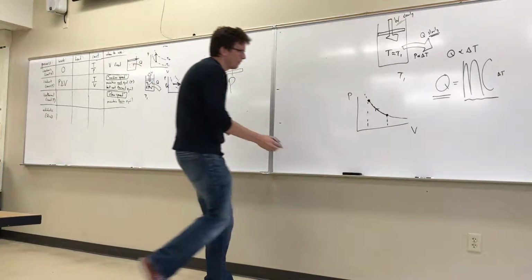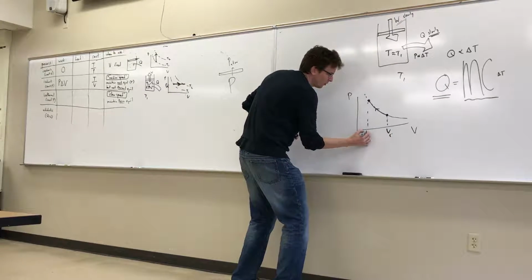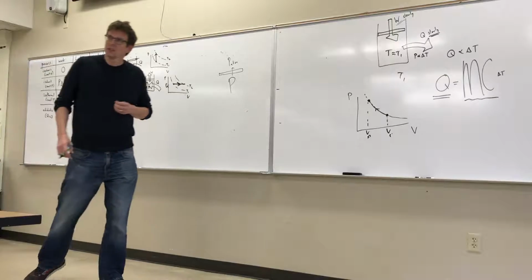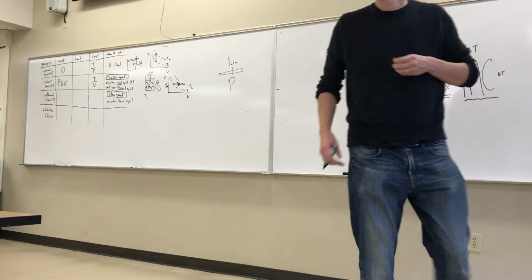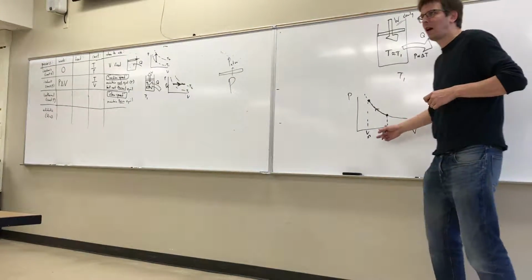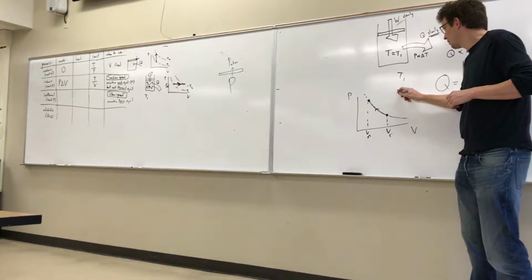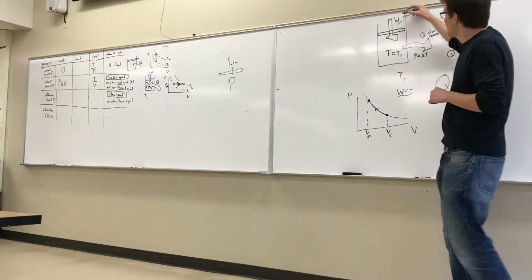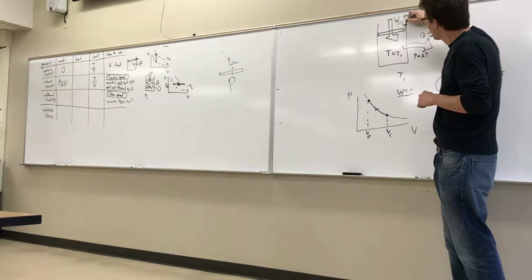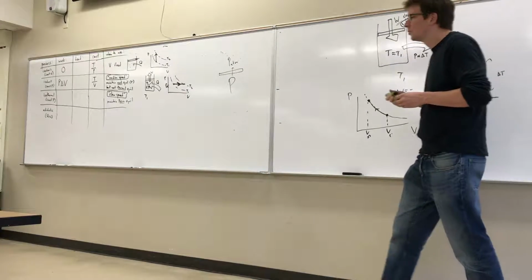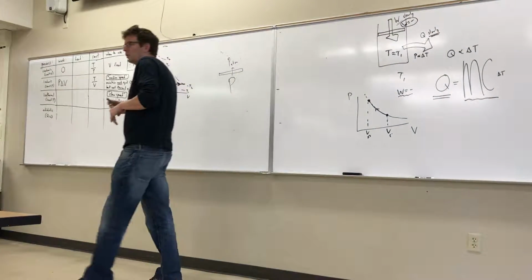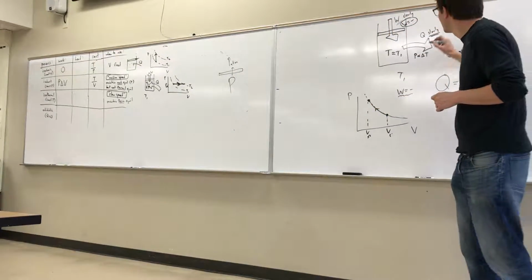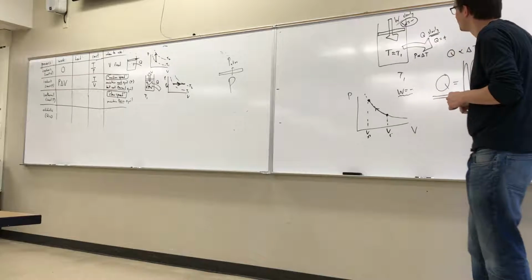So this would be my V initial, this would be my V final. So the area under the curve, because my integration bounds have been swapped from your normal, the area under the curve would be negative, which is the work. Which of course makes sense, anytime work goes in, that's our sign convention. So work goes in, so work is negative. And heat comes out, so Q is positive.